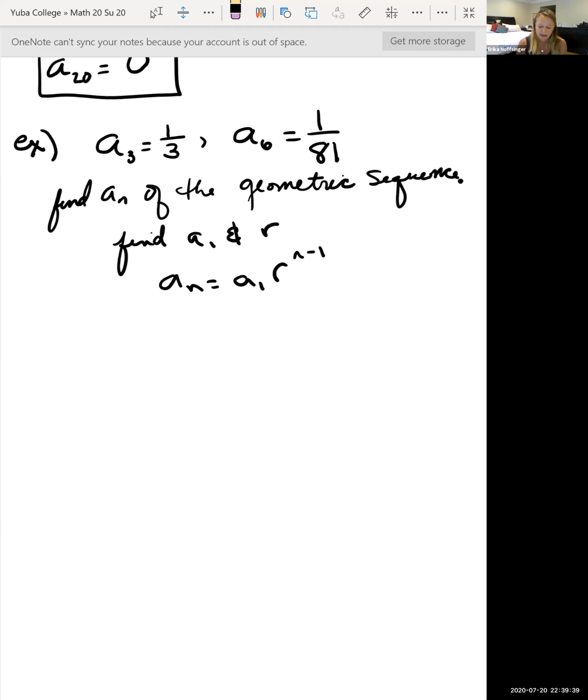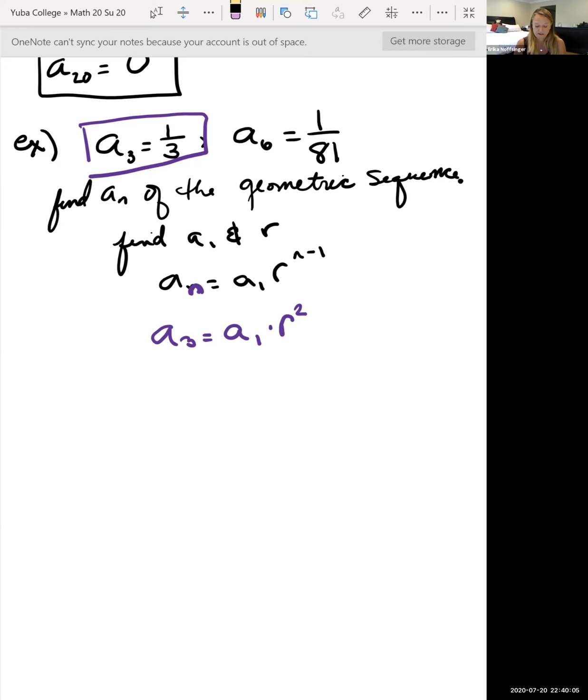Well, let's go back in and rewrite a sub 3 in terms of a sub 1 and r. So by definition, if I plug in 3 here, a sub 3 is equal to the first term times r to the n minus 1, so squared.